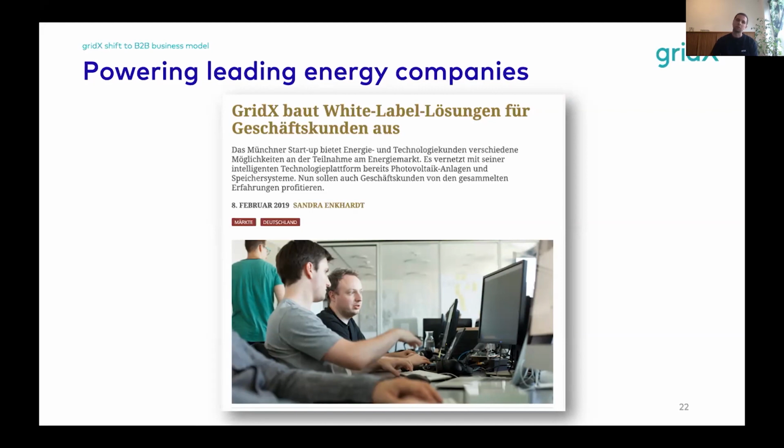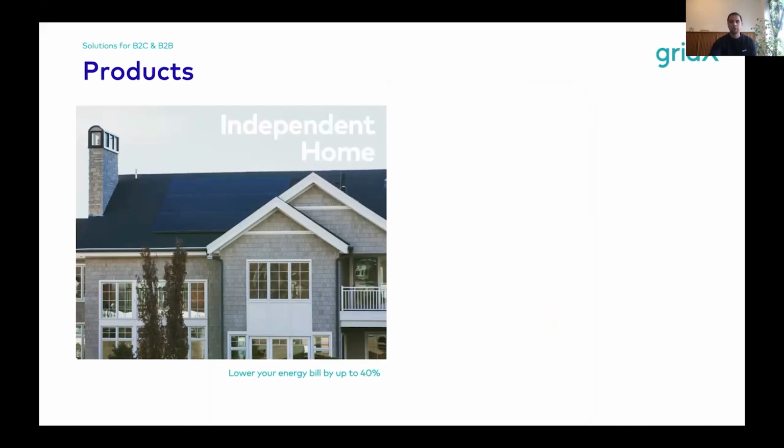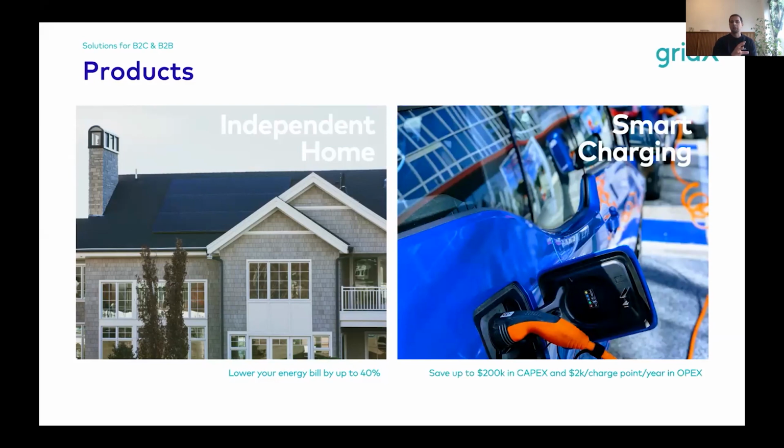commercial and residential customers. And so typical products that we sell today on our platform, on the one hand, independent home products. That's really for customers that have their own solar panels at home, their own electric car, their own battery storage or electric heating. And then on the other hand, smart charging, that is more for fleet operators.